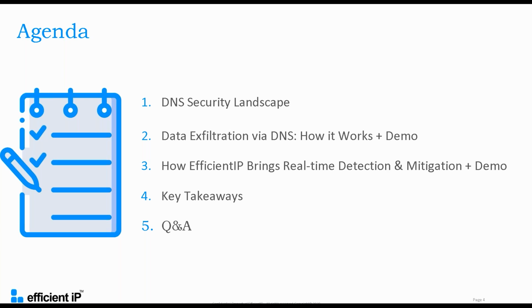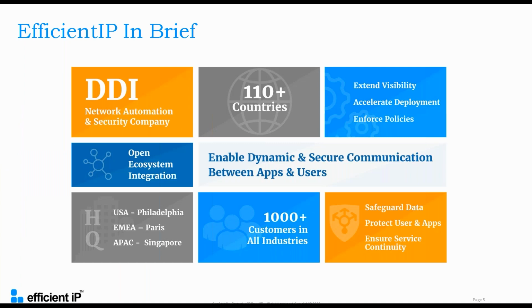So the next slide, who are we? Who is Efficient IP? We're a network security automation company. Our core focus is around DNS, DHCP, and IP address management, or IPAM, AKA DDI. DDI, DNS, DHCP, IPAM, these are the key foundations of an IP-based infrastructure.